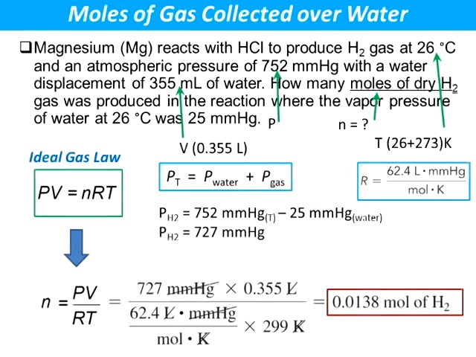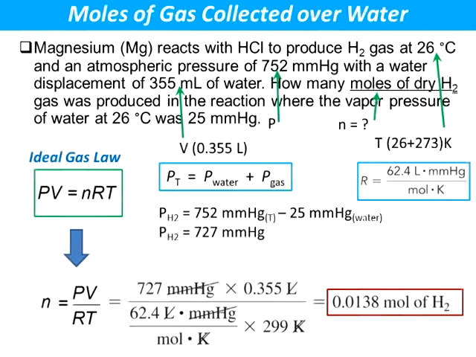Therefore, we take our n equals PV over RT, and that equals 727 millimeters of mercury, which is the corrected pressure, where we consider P total equals P water plus P gas. We calculate out the hydrogen.